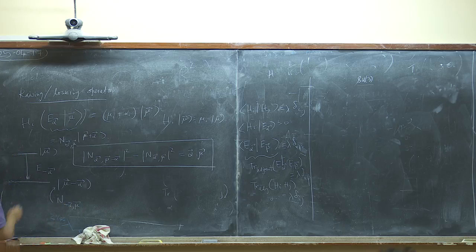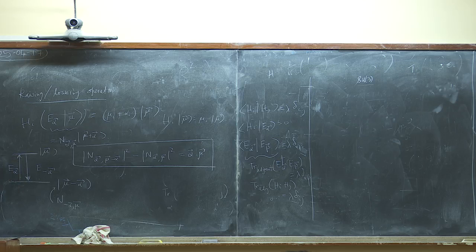Alternatively, I could start from μ minus α and apply E_α and reach here. What would be the constant that I pick up on this side?